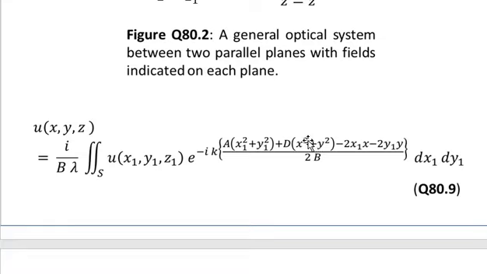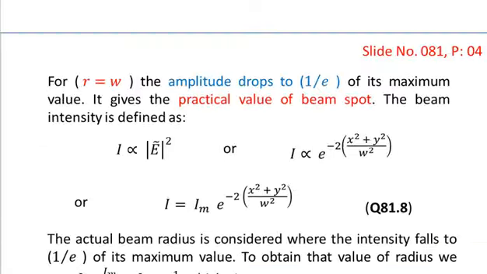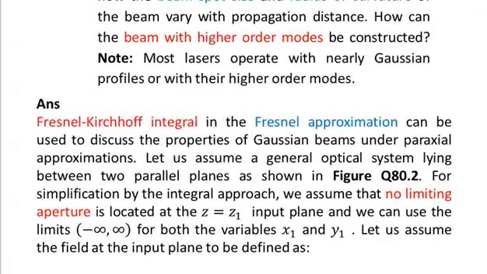So this is a part of the exponent, and then we have integration with respect to dx1 and dy1. So this is the integral that I am referring to over here.